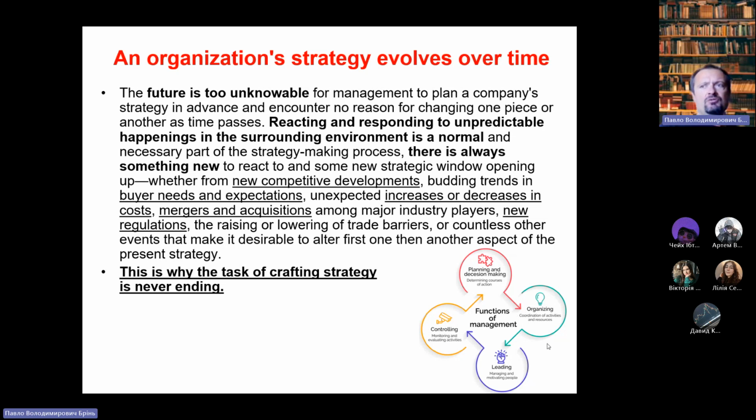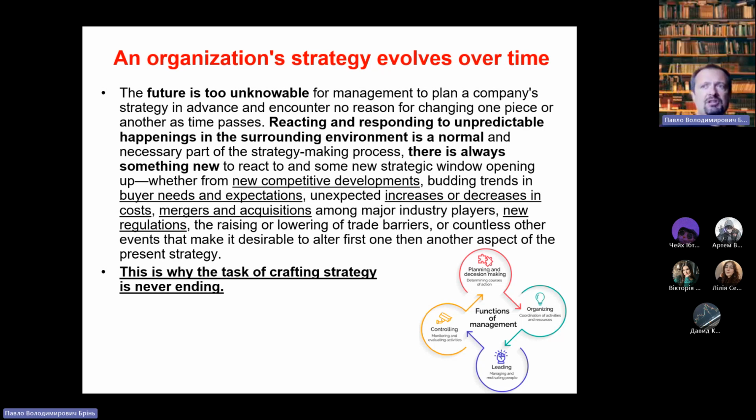Then we have to delegate tasks to all our subordinates. Managers have to delegate. In small organizations, they can just say, okay, you do this, you do this, you have to do this.